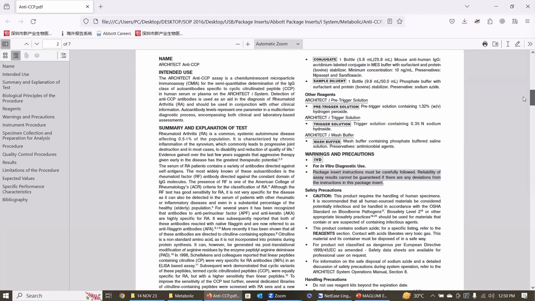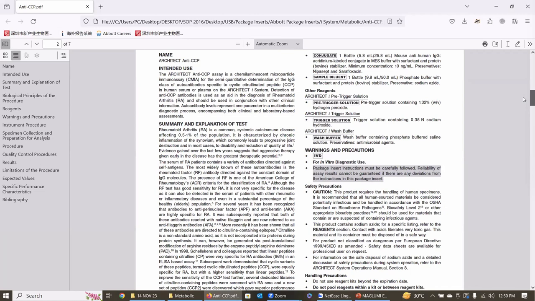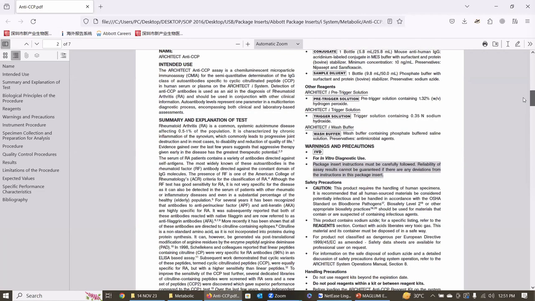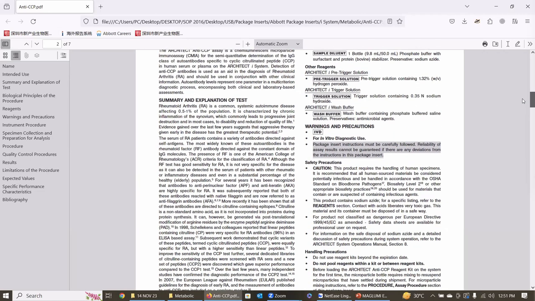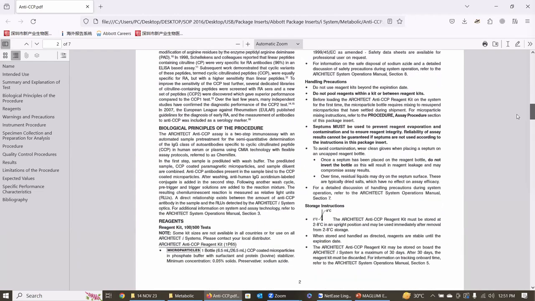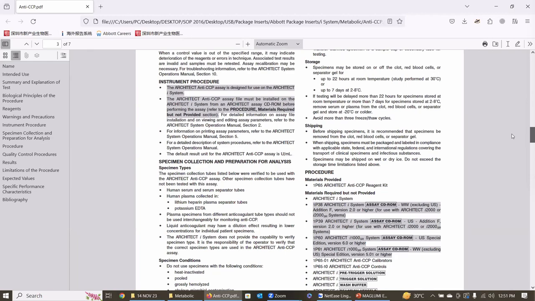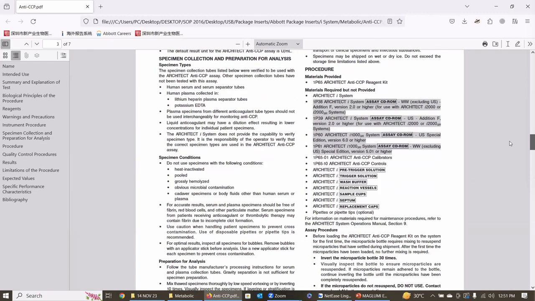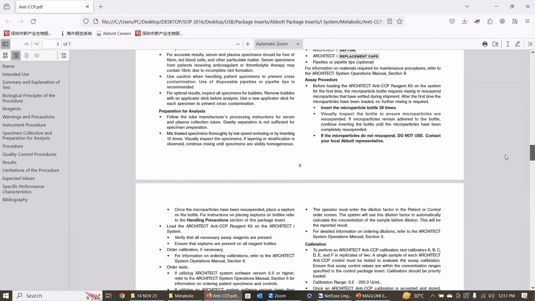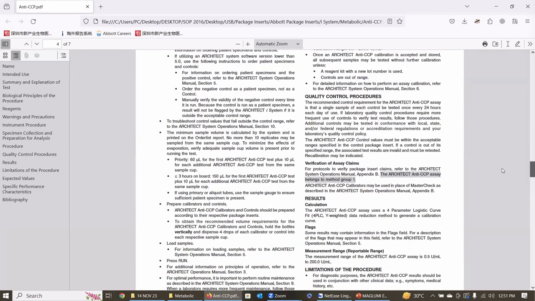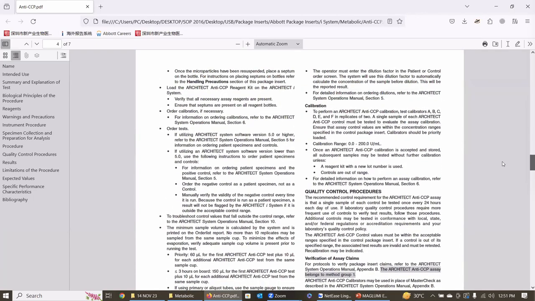You can see here they are also claiming a semi-quantitative determination of the IgG, and in their package insert they have mentioned the instructions, specimen procedures, calibration, sample types.